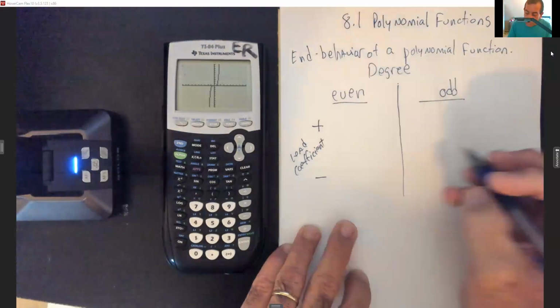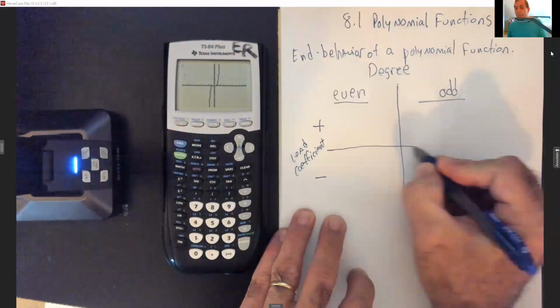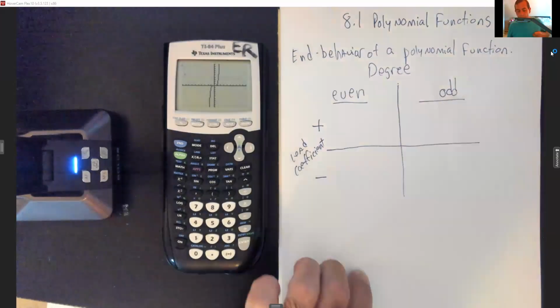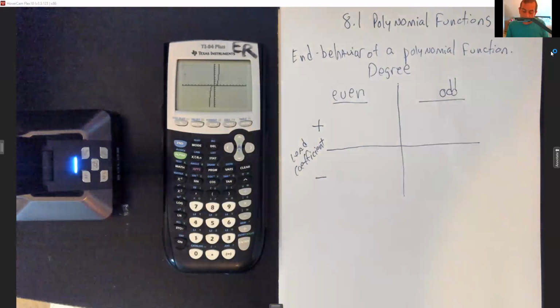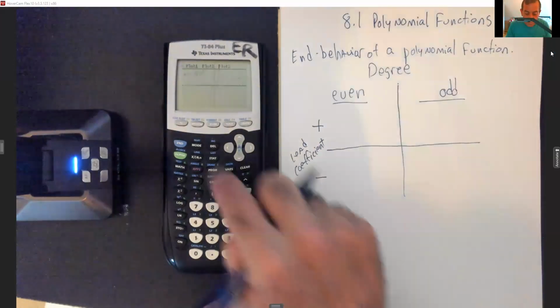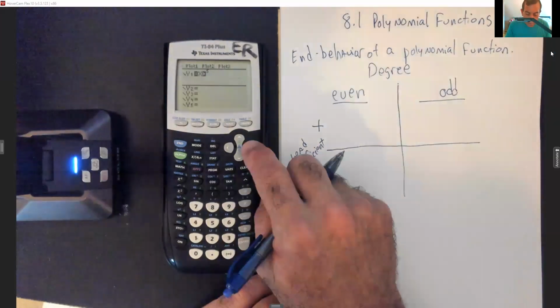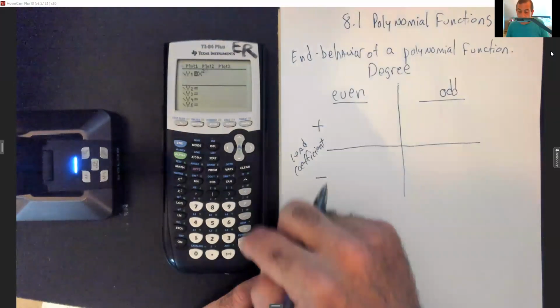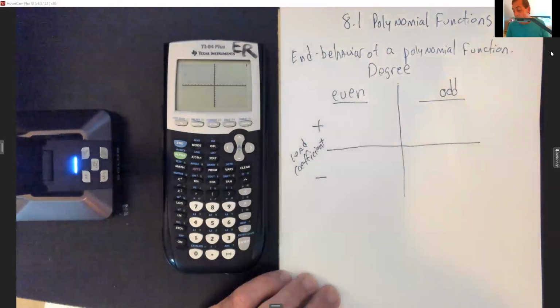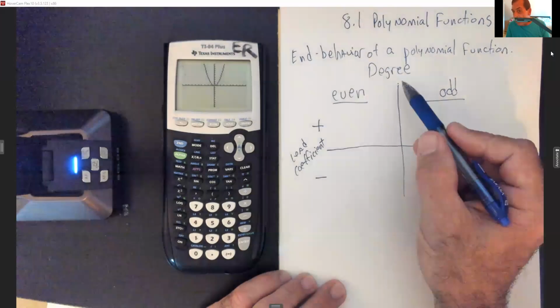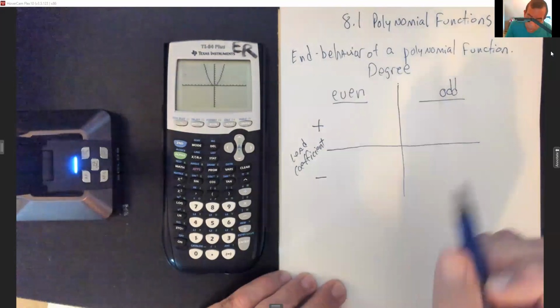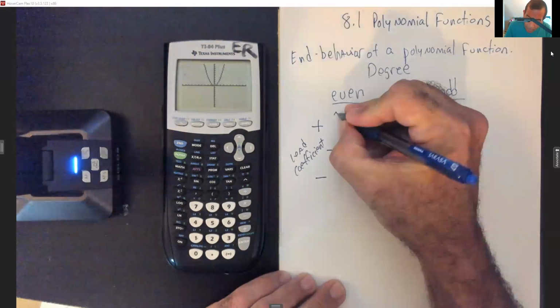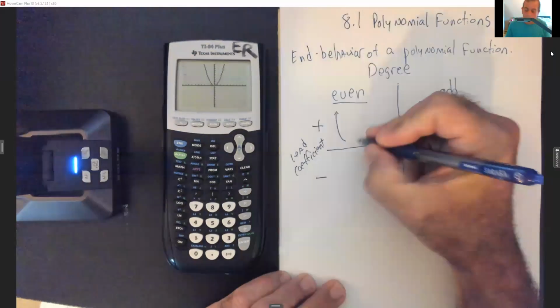So we're going to break this into 4 types of graphs. So we saw a while ago when I graphed one of these and it had an even degree, and remember, the degree is just the highest exponent. Those graphs want to go uphill on both sides.